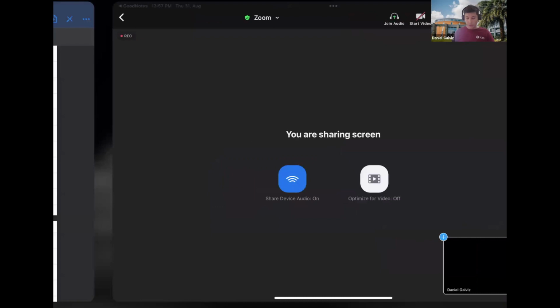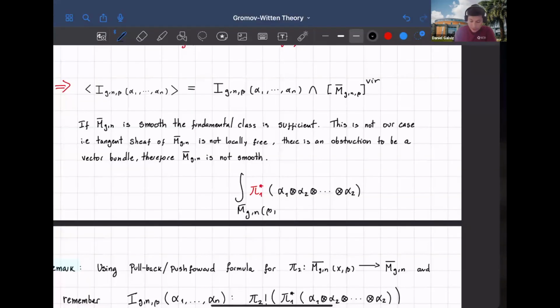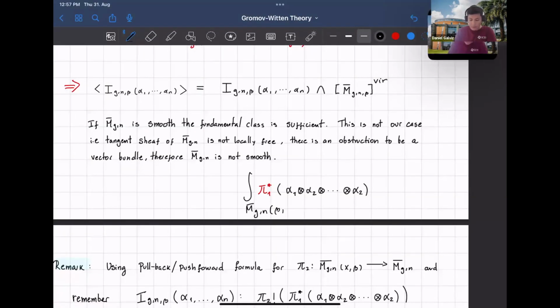So to get the Gromov-Witten invariants, you don't need to go through the Gaussian; you just need to do this pullback of P1 and then integrate.